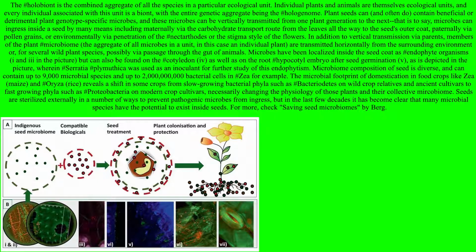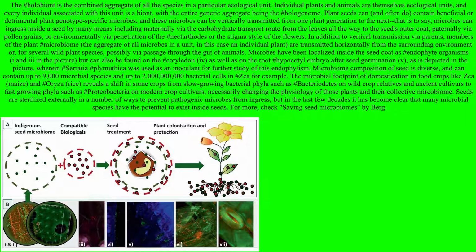But they can also be found on the cotyledon, as well as the root hypocotyl embryo after seed germination, as is depicted in the picture, which I will have on the video when I edit it in, wherein Serratia plymuthica was used as an inoculant for further study of this endophytism. Serratia is also a microbe that I keep seeing pop up in these sorts of microbiome studies.